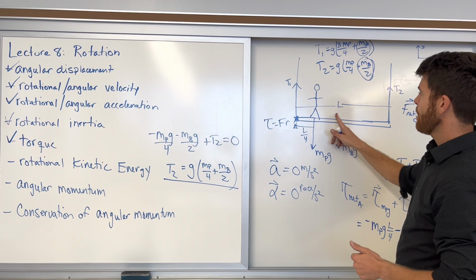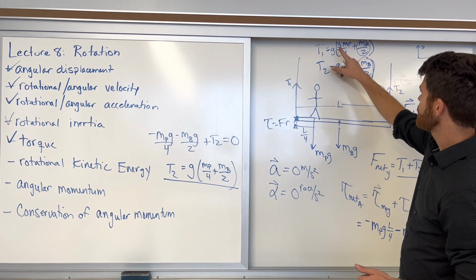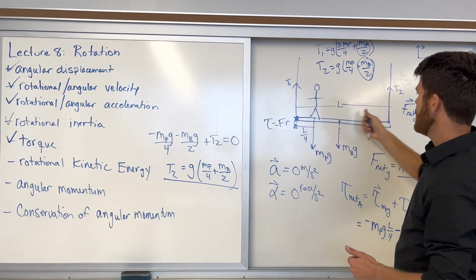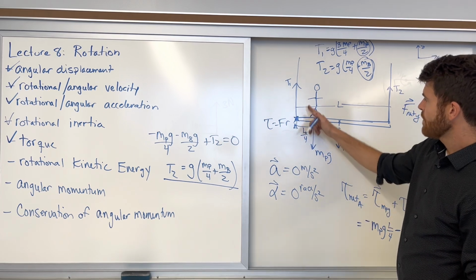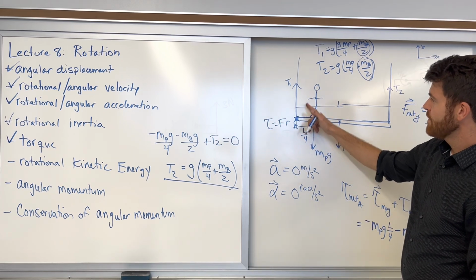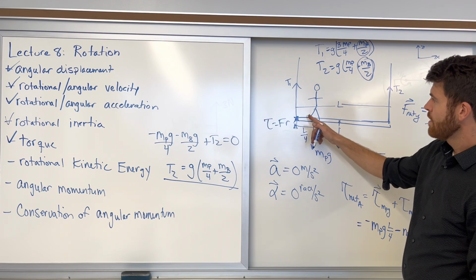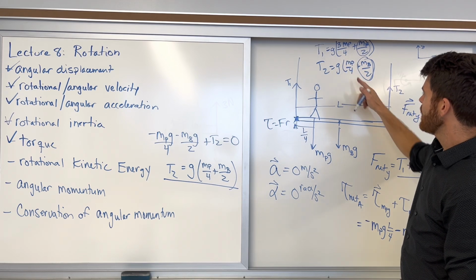So as the person walks this way or that way, these fractions change, 3/4, 1/4, corresponding to where the person is relative to T1 and T2. So if this was L over 8, so 1/8, right? T1 would be 7/8, and this would be 1/8.